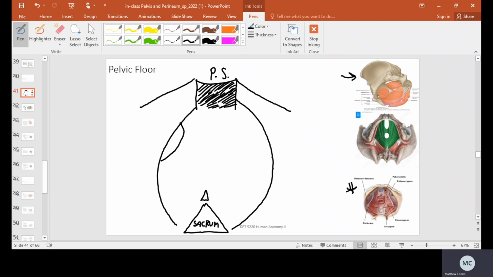I'm also going to draw in two obturator foramen, and this is where that fascia gets important. So this is an obturator foramen with fascia of obturator internus.